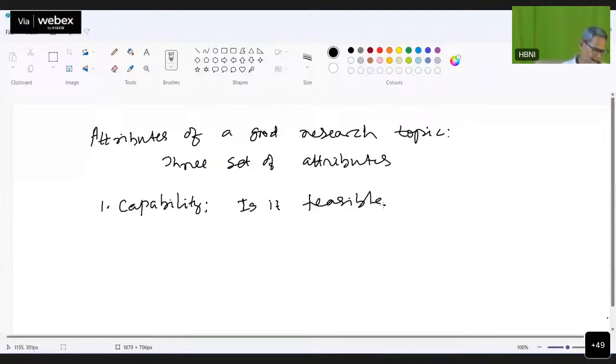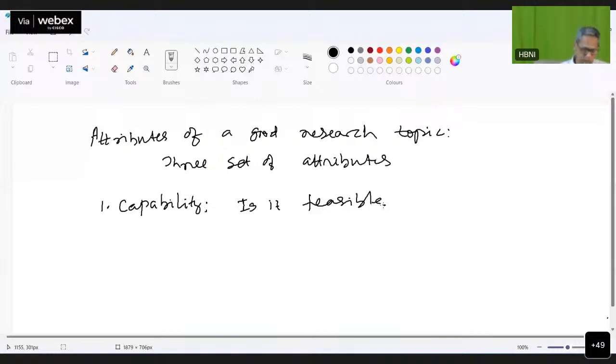So you should not take some topic which will take a long time, because you have a fixed amount of time to do your PhD, and also your personal capabilities, that will be your liking and your disliking. All those factors come. One of the important attributes is your capability that you have to see.